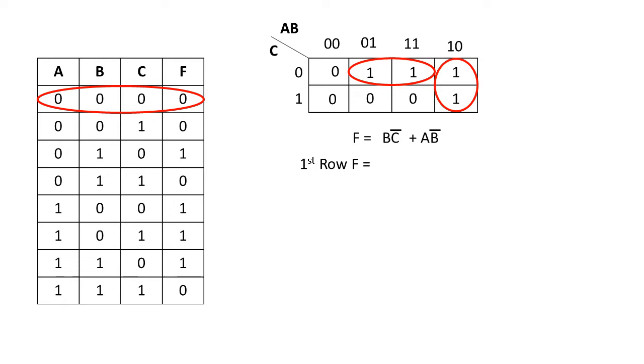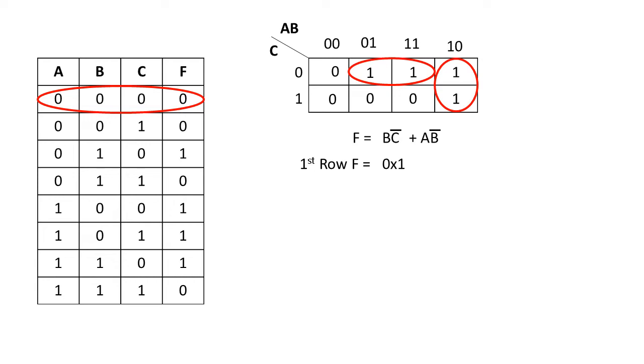Before we draw the circuit diagram, let us check whether this function is correct or not. We are just testing the function which we have just designed. Just put in the values. See, from the first row, B and C, find out B and C, that is 0. So B is 0 and C is also 0.